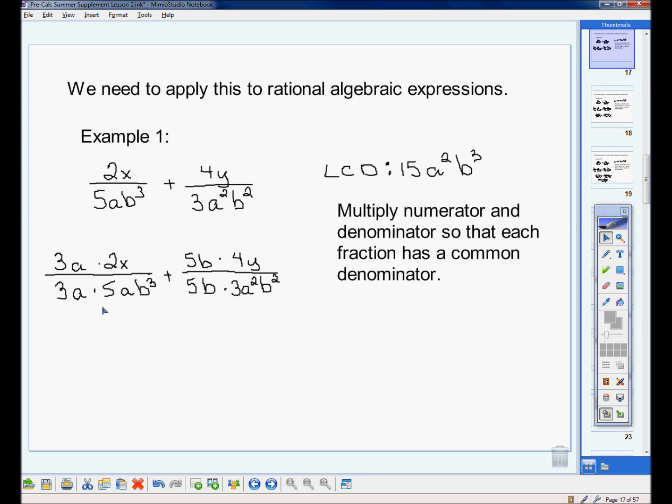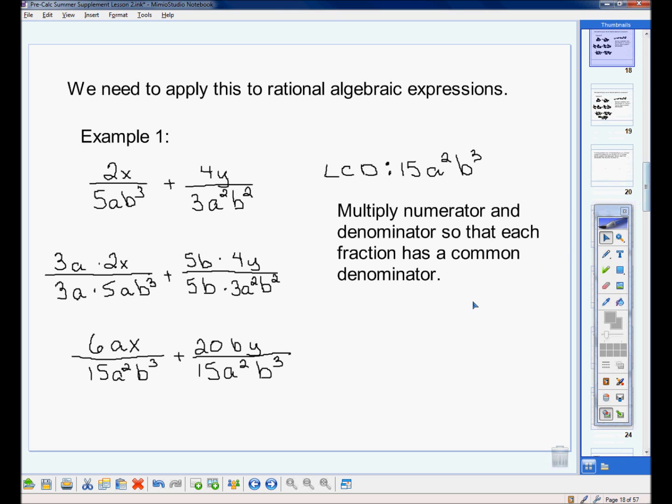Now after we do this, we need to simplify before we can go ahead and add. So we'll clean this up a little bit. This will be 6ax, this will be 20by, and we'll simplify that denominator. 6ax, 20by, there are our numerators over the common denominator 15a squared b cubed.